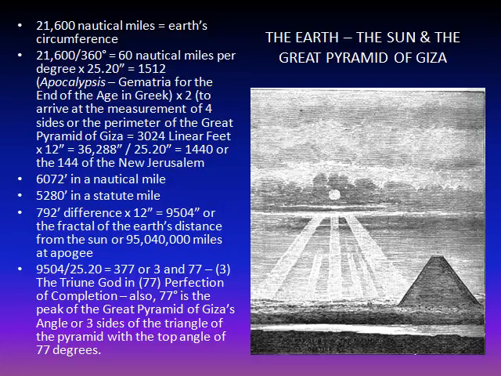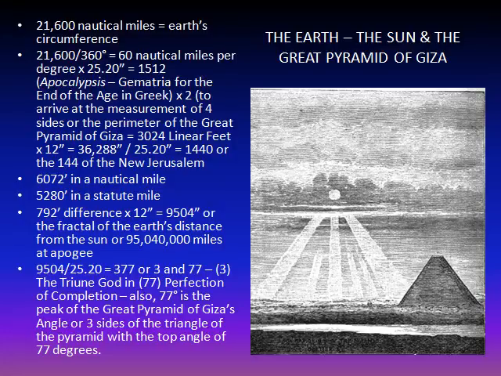That difference times 12 inches is equal to 9,504 linear inches, or the fractal of the Earth's distance from the Sun, which fractal is a fractal of 95,040,000 miles at the Sun's apogee, that is the furthest distance the Sun is from the Earth.